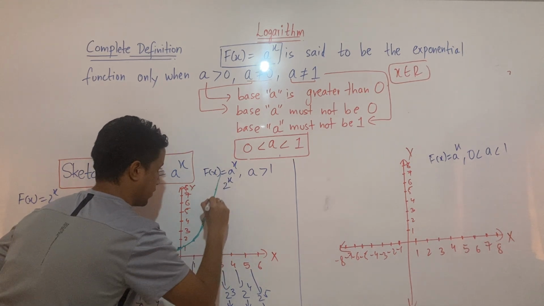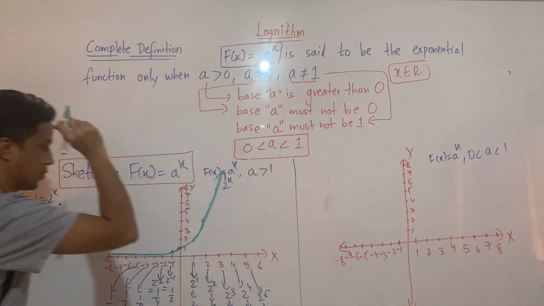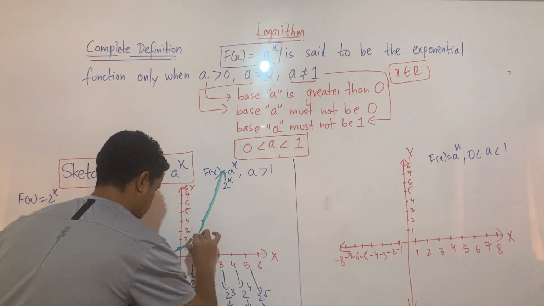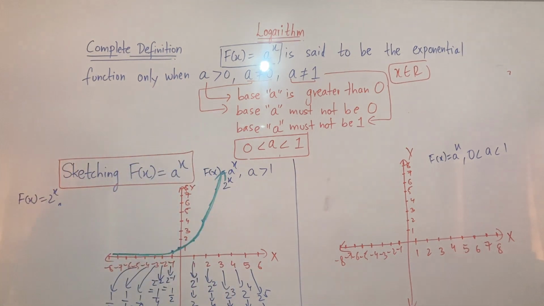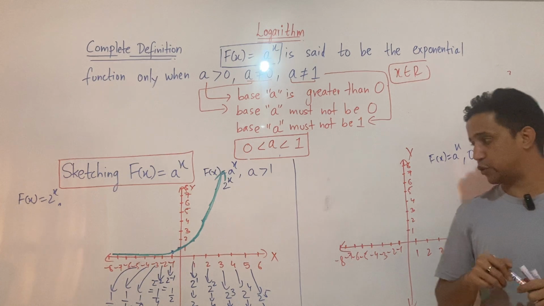It's going to be like this. It's going to be like this. Okay, so this is the graph of 2 raised to the exponent x.